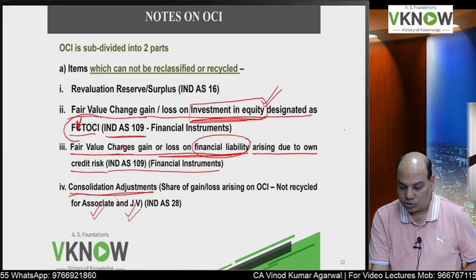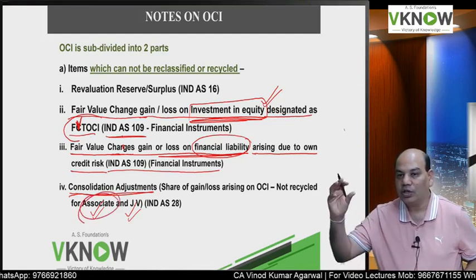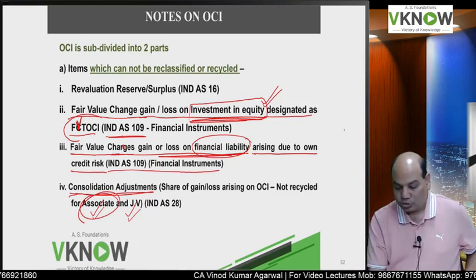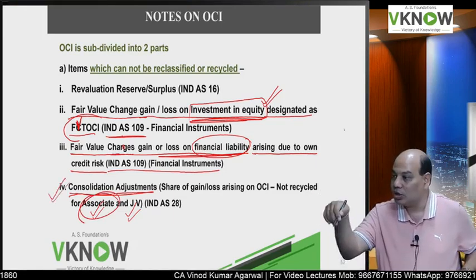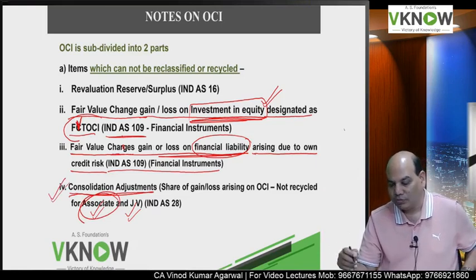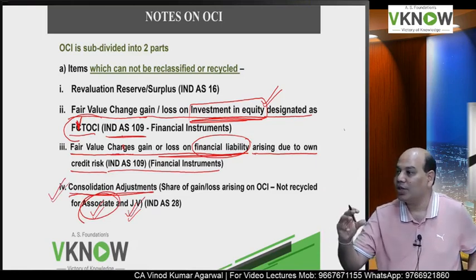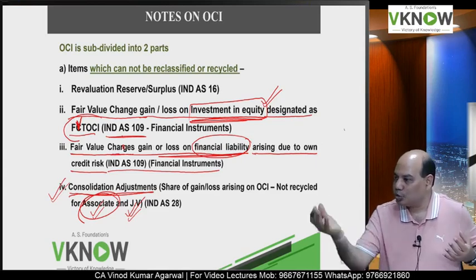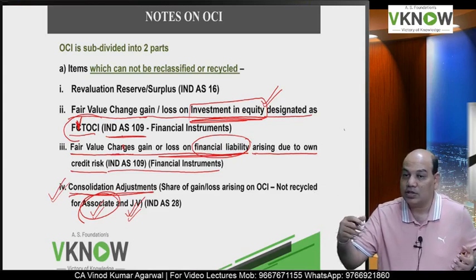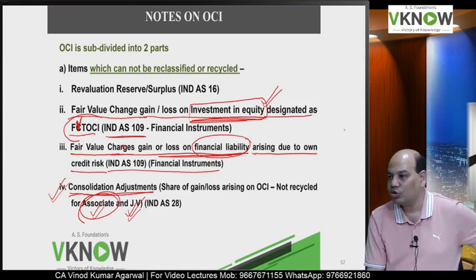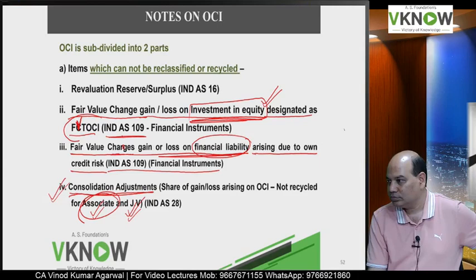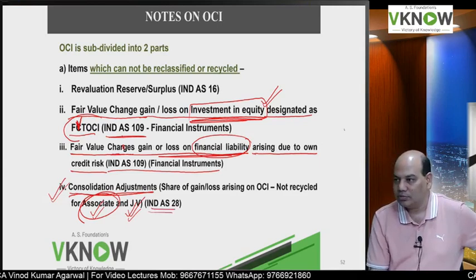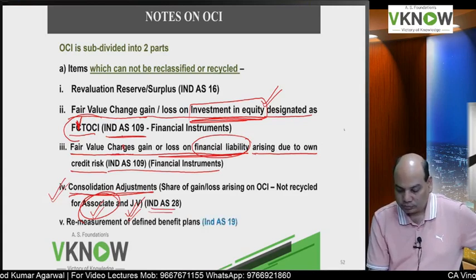So if suppose your associate has any OCI item which is non-recyclable, you will add in your OCI non-recyclable. Is it right? If your joint venture has any OCI item non-recyclable 1 lakh, your share is 20%, so 20,000 in consolidated financial statement you will add in your OCI non-recyclable. Okay. So this I am going to discuss in consolidation standard Ind AS 28.